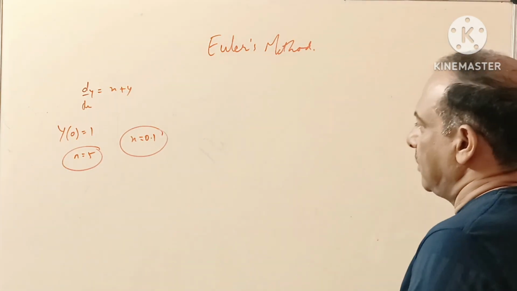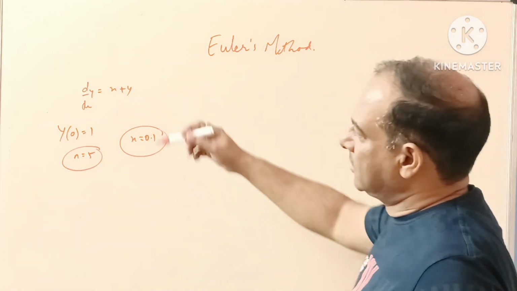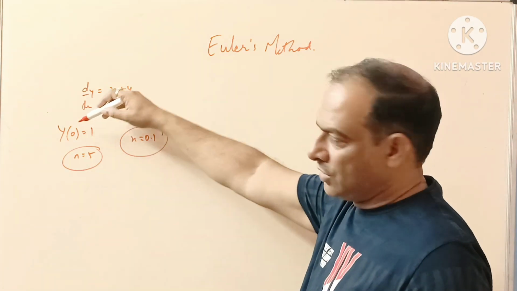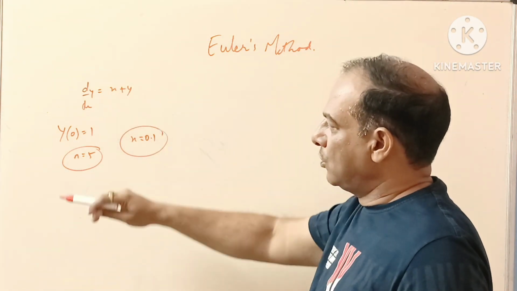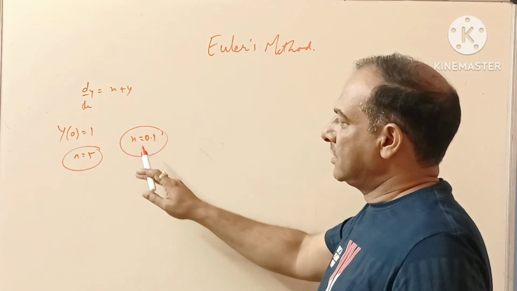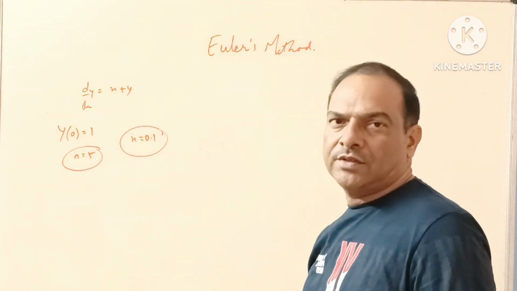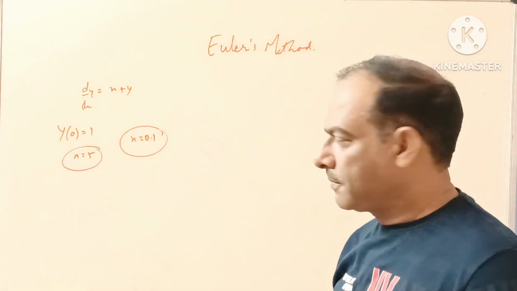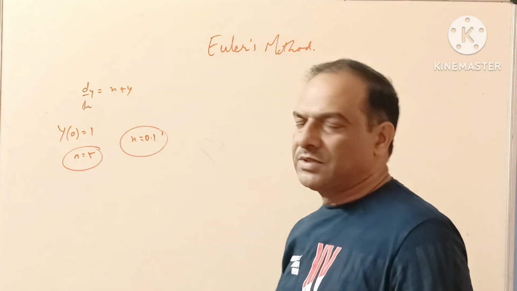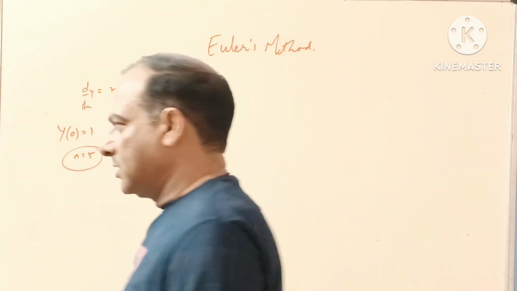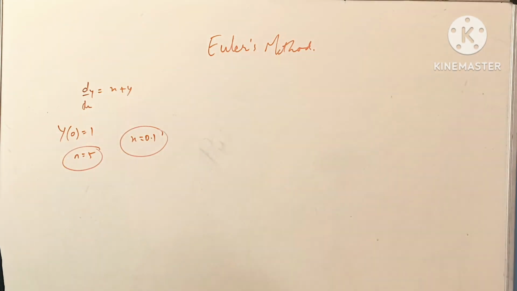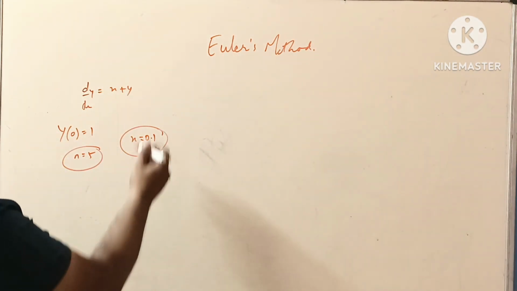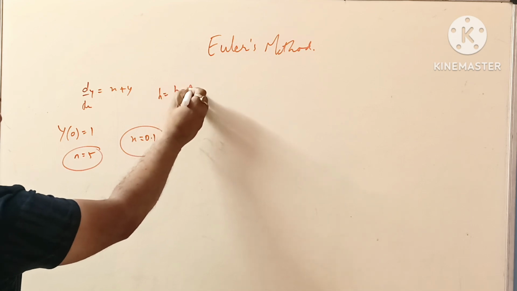Now in this first order differential equation, we have x0 = 0, y0 = 1, and for x = 0.1 we have to find the value of y, and we have 5 steps here. So the first thing is to find the value of h, and h = (b - a)/n.